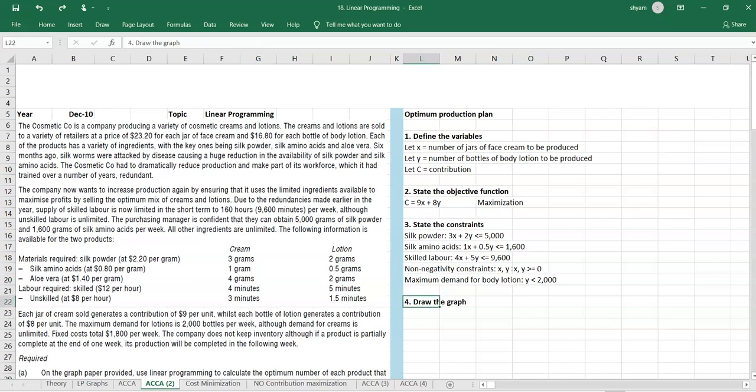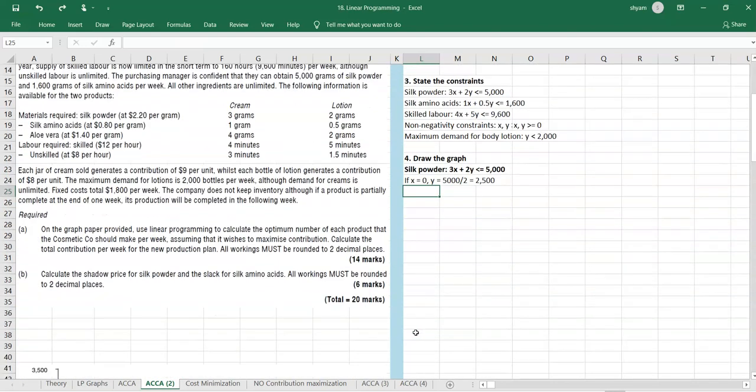So now we'll draw the graph. So to draw the graph, let's see what are the things which are helping us. We have to get the coordinate points. Okay, so let's substitute x as 0, we'll find y. So if we substitute x as 0, then it is 2y equals 5000. That means y equals 2500. So that is one coordinate point.